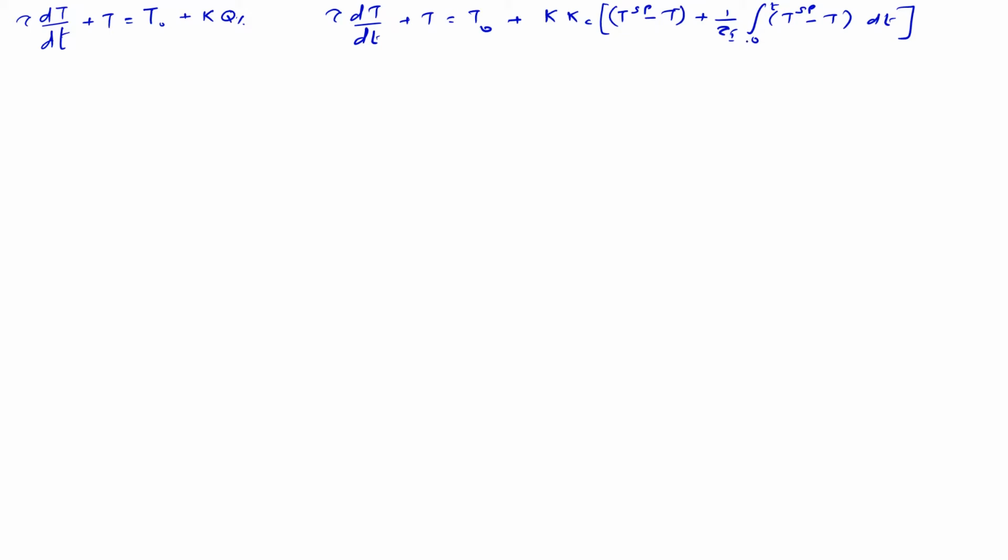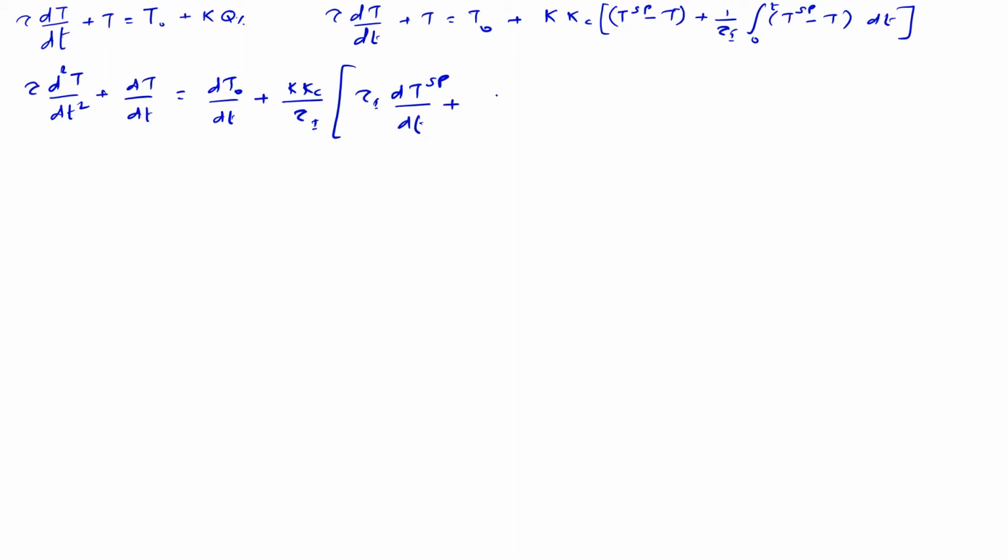Now to eliminate the integral, differentiate both sides of the above equation. So what you get is tau I plus temperature set point deviation variable minus, this is what we get.